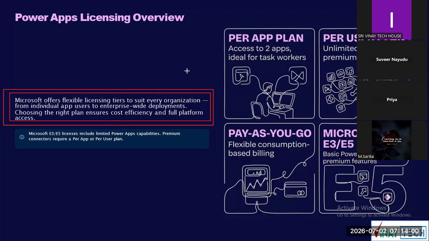Because if any interviewer asks about licensing, you can say, yeah, I know the licensing model. We have 4 plans: per app plan, per user plan, pay as you go, and Microsoft E3, E5 license. If you answer these licensing types, they will understand that at least this guy has some knowledge of licensing.